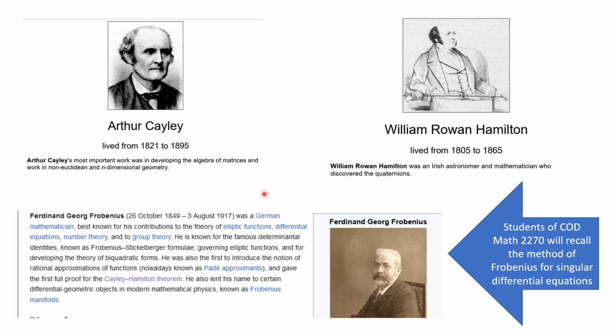Now, they knew various versions of these theorems were true, but it was not proven until later, and the first full proof for the Cayley Hamilton theorem was given by Ferdinand George Frobenius. Students of Math 2270 will recall the method of Frobenius for singular differential equations, but he actually was more famous for many other things, and he too was an algebraist.